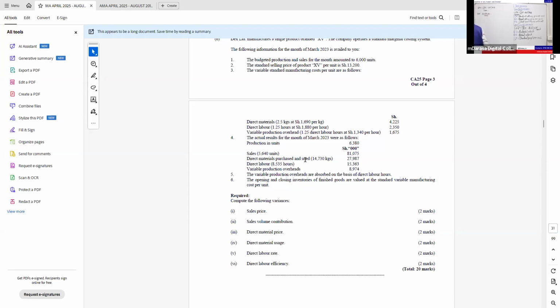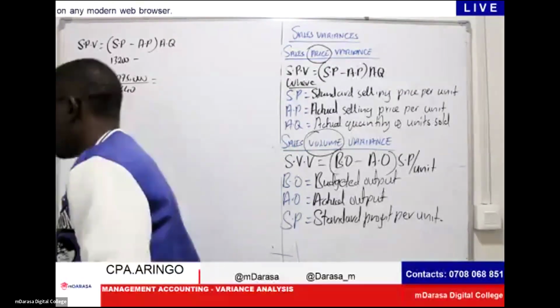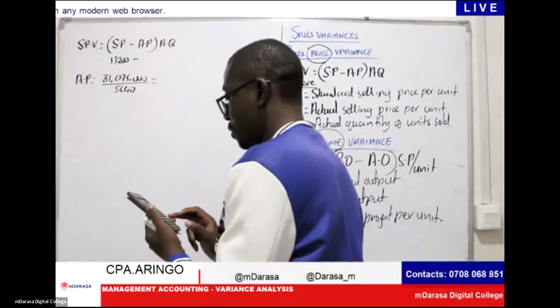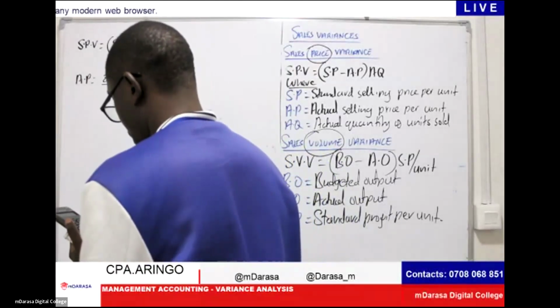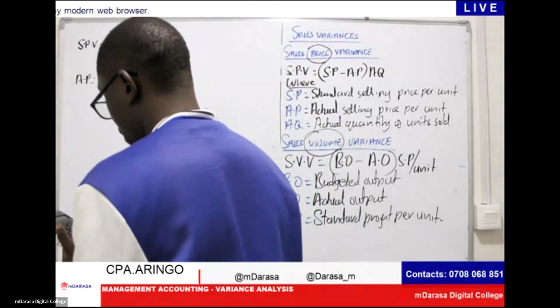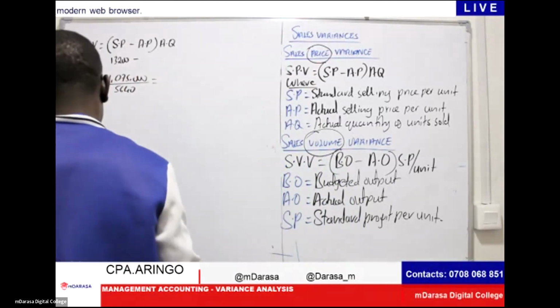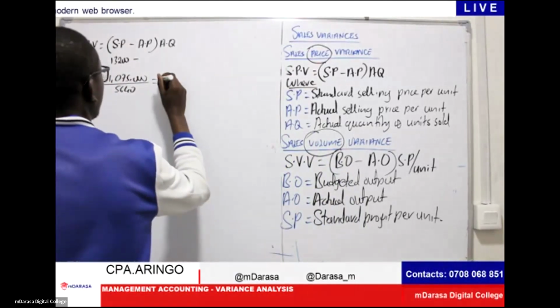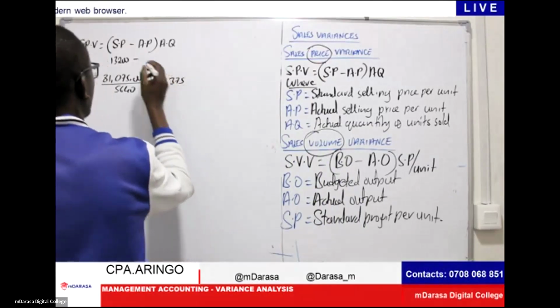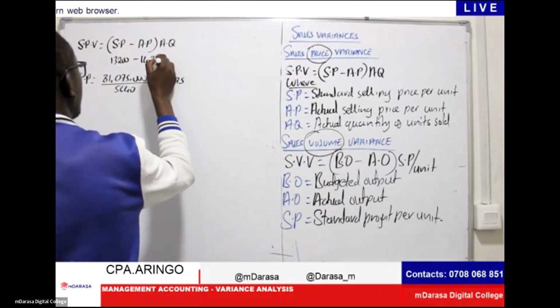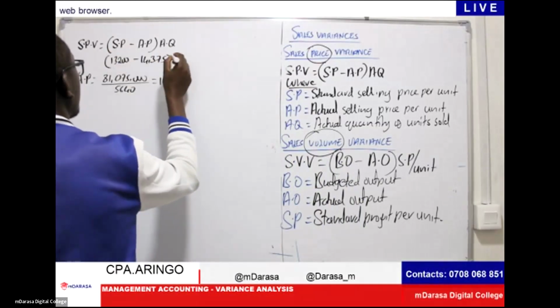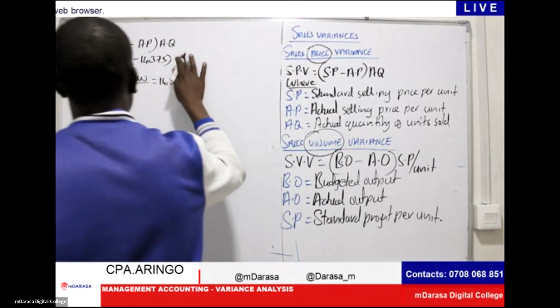So to get our price, we take 81,075,000 divided by 5,640, to get a value of 14,375. So we take 14,375 to be our actual price.